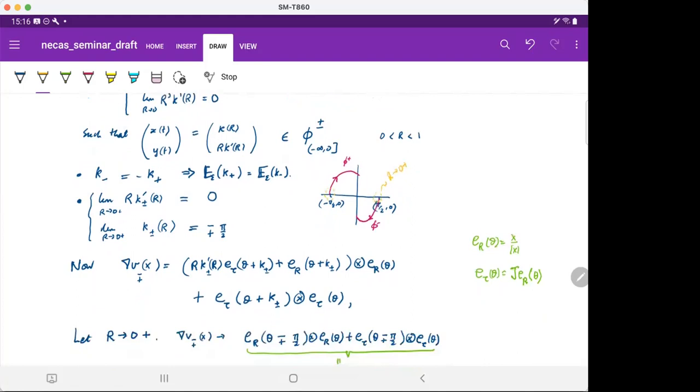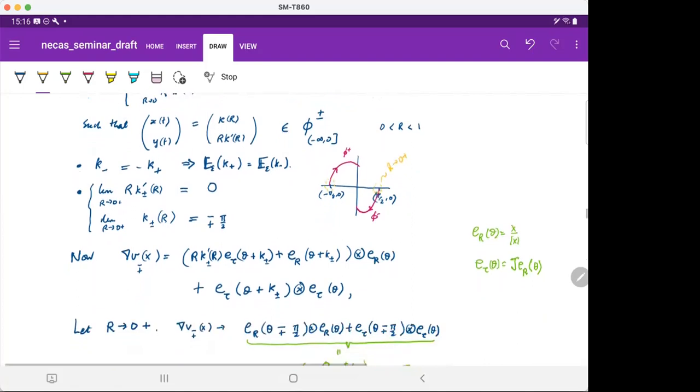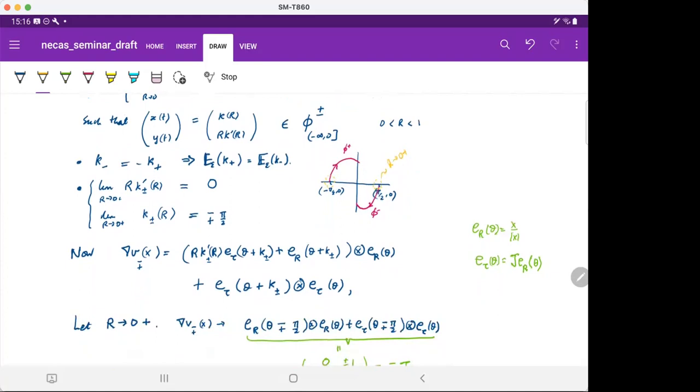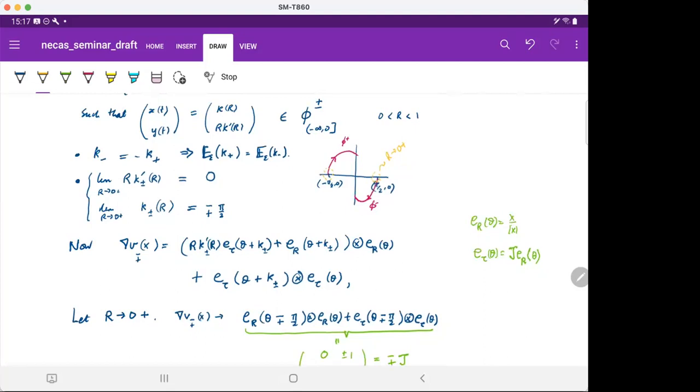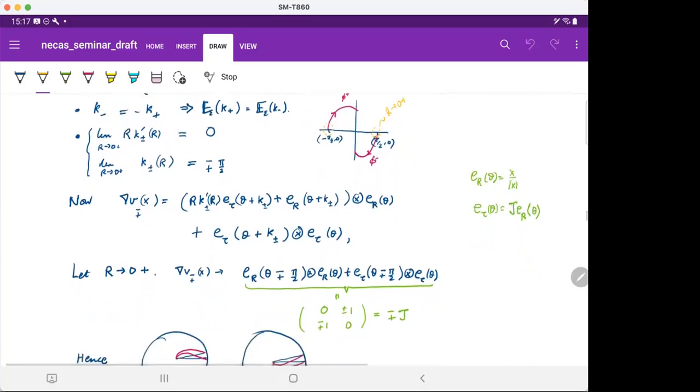Okay, so a direct calculation tells you what goes on at the origin. In fact, one can write down the gradients, which is what I've done here. So dphi minus or plus looks like this. It's just an expression using quantities that we're quite familiar with. So the e_r of theta is just x over mod x, and the e_theta is the 90-degree rotation of that, J e_r. So as you let R tend to 0 plus, you find that dv minus or plus converges to one of two things.